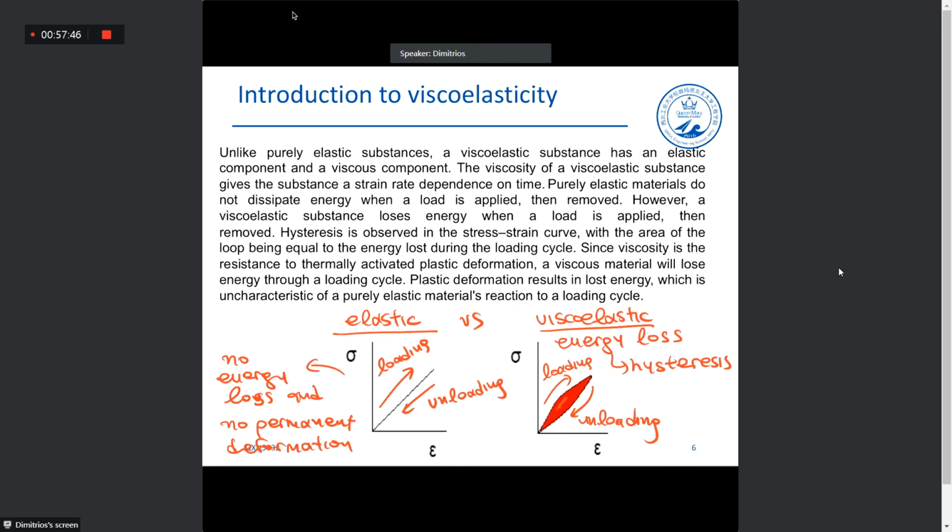So hysteresis is the result of this friction, and this friction, of course, is translated to heat. Okay, so this is the energy loss here.